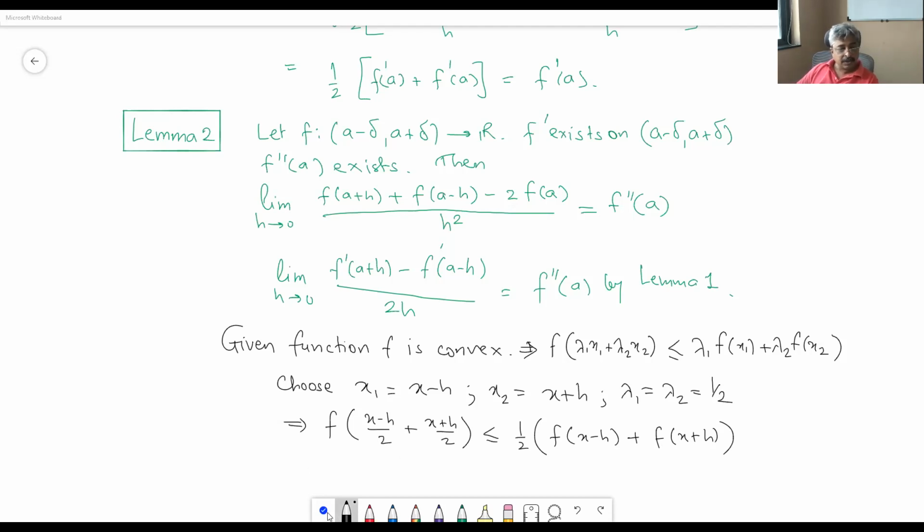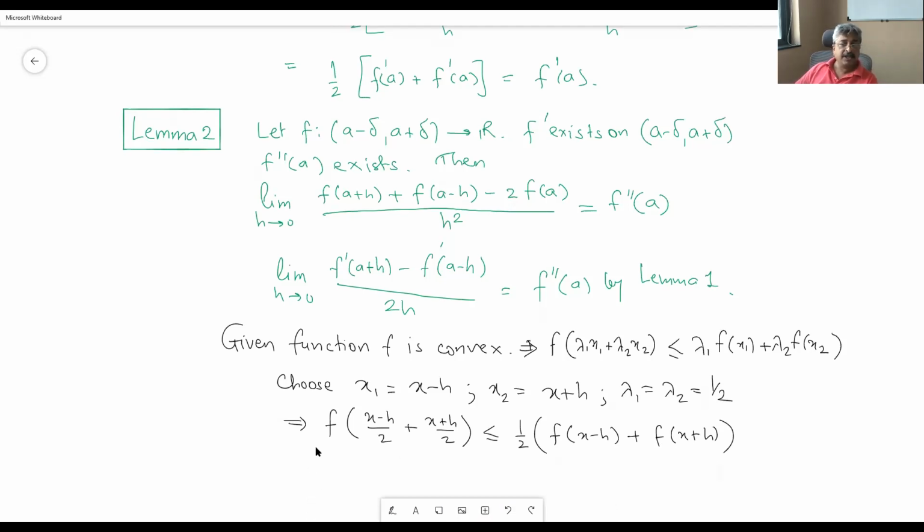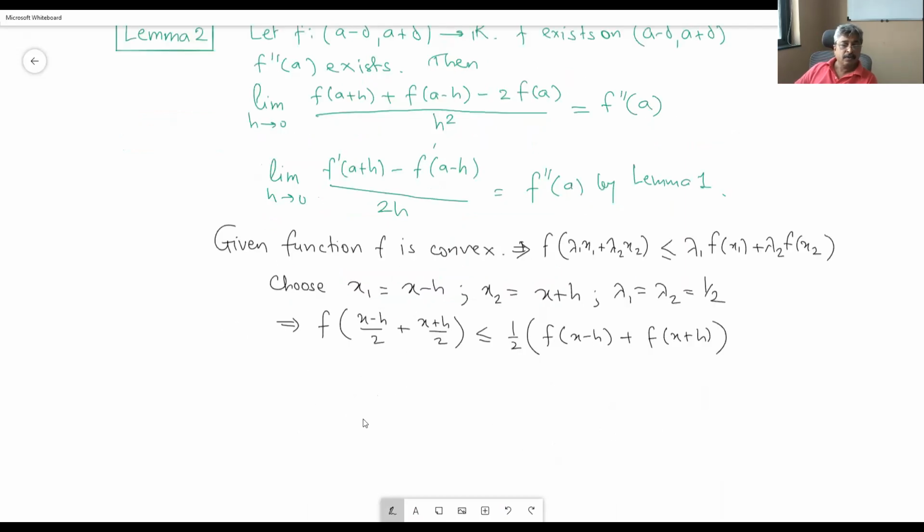Okay, so this is there. So what we can say is this implies, now if we just split everything, we get f of x is less than or equal to, I can get this to this side.